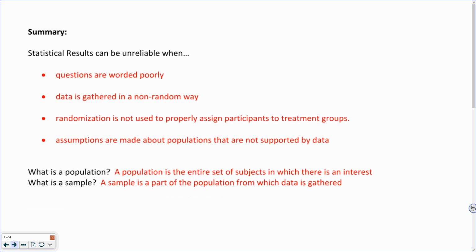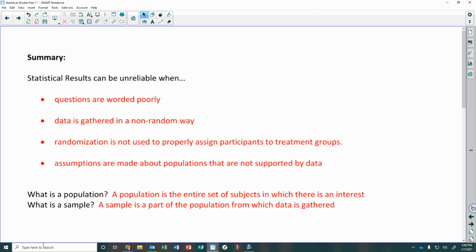And then just to finish it up, statistical results can be unreliable when questions are worded poorly, data is gathered in a non-random way, randomization is not used to properly assign participants to treatment groups, and assumptions are made about populations that are not supported by data. Don't make assumptions. And again, a population is an entire set of subjects in which there is an interest, and a sample is only part of the population from which the data is gathered. All right.